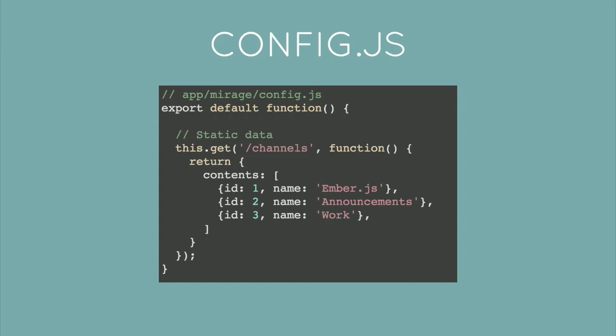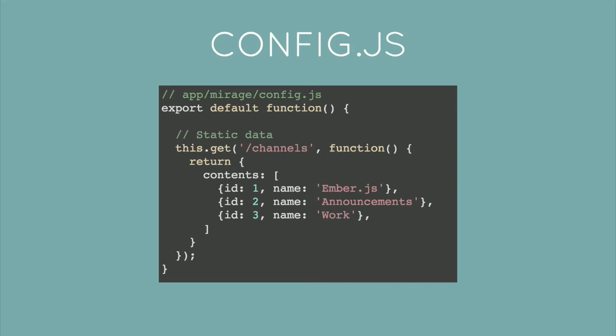So this is what it looks like when we just return static data from this call. Basically, this is going to mock out an API call that has /channels on it, and it returns some contents in here. And this is JSON API format.